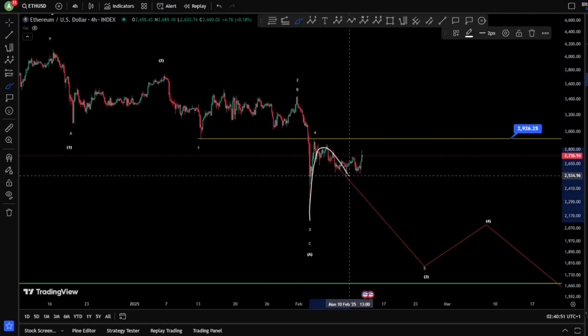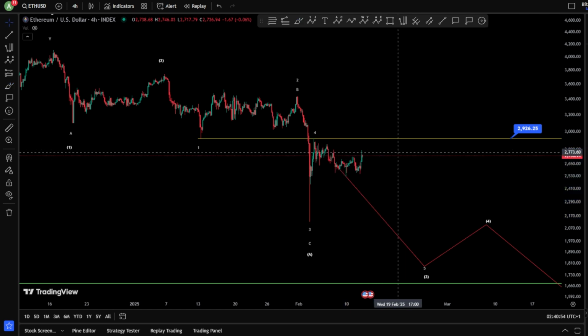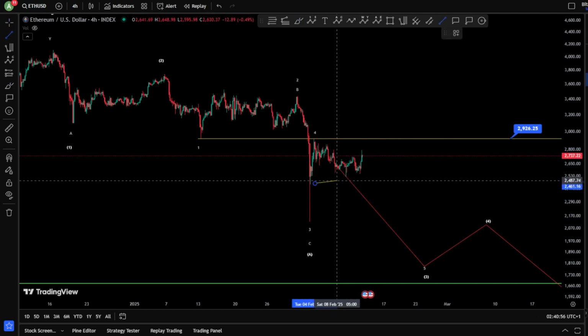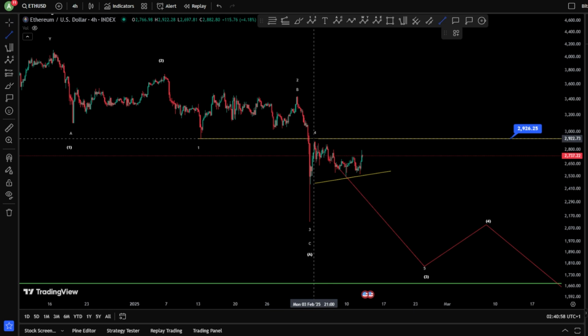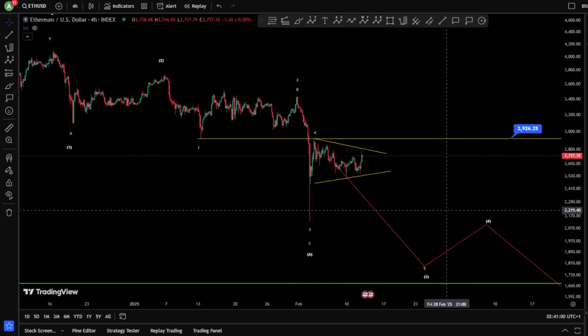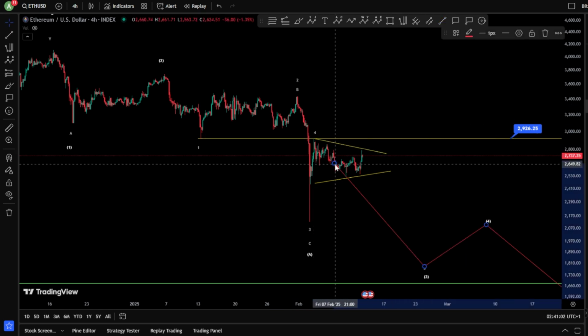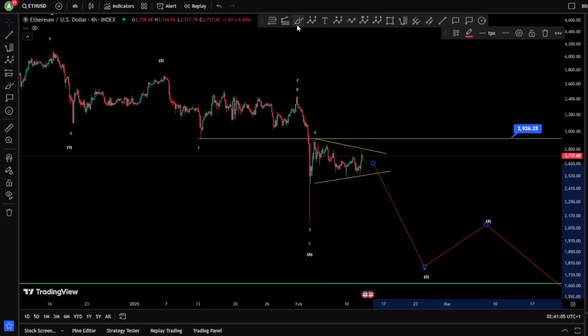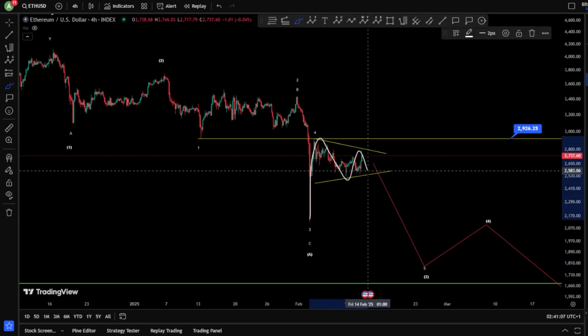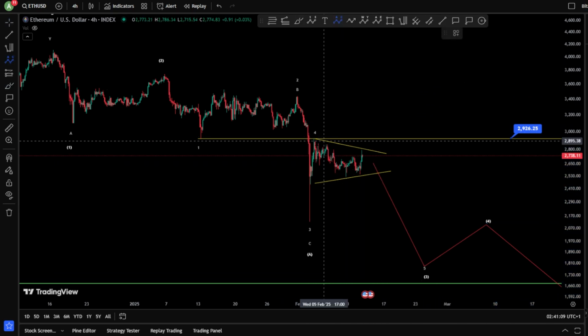This 1, 2, 3, 4, and a 5 is still in play. It can be an A, B, C, D, and an E, probably for a wave 4. It loves triangles, something like this, right? And still moving probably down for a wave 5. Currently we are in an A, B, C, D, and an E, so let's mark this as well.